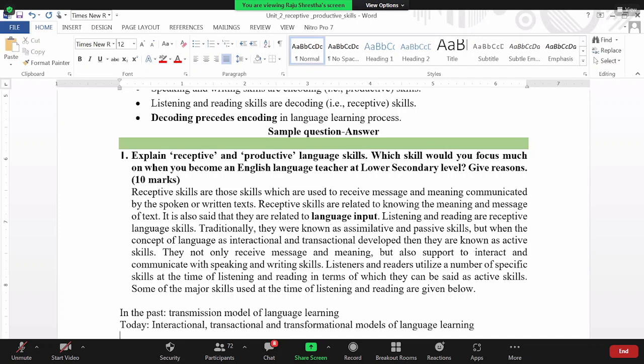हिजो चाहिँ in the past, this transmission model, transmission भनेको behaviorism अन्तर्गत.